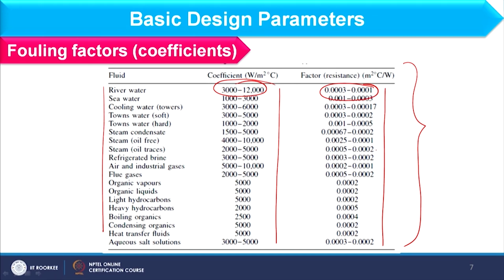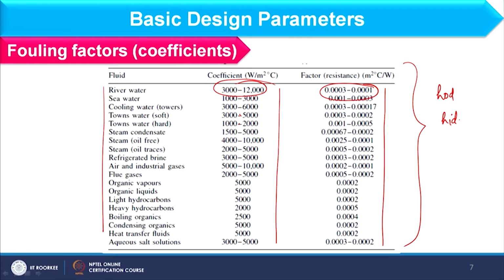Here we are given the range of coefficient as well as factor for a given fluid. So, to start with, HOD and HID can be taken as the mean value of this. In this way, according to the fluid I can choose the dirt factors.